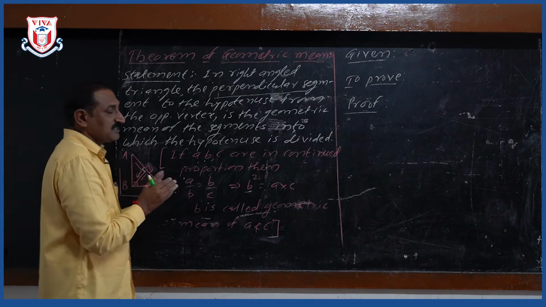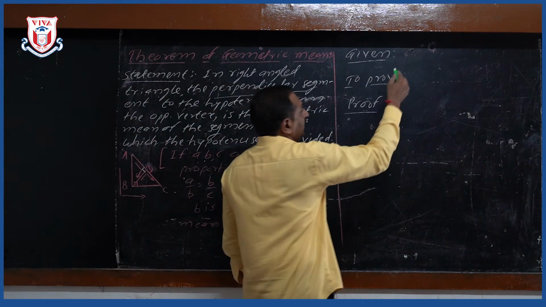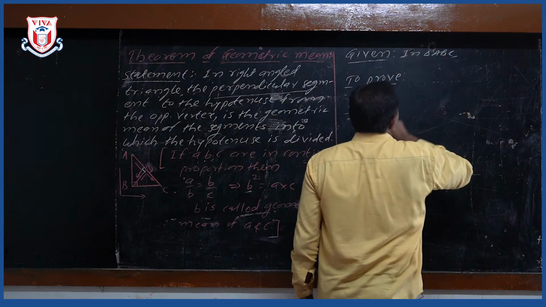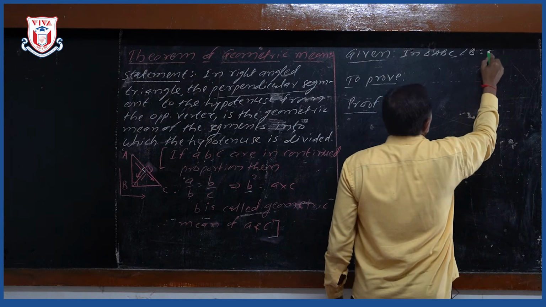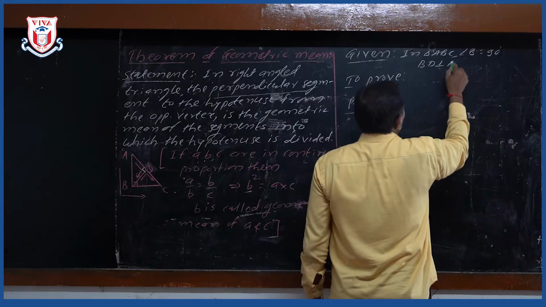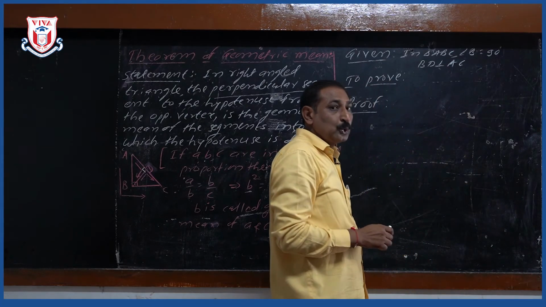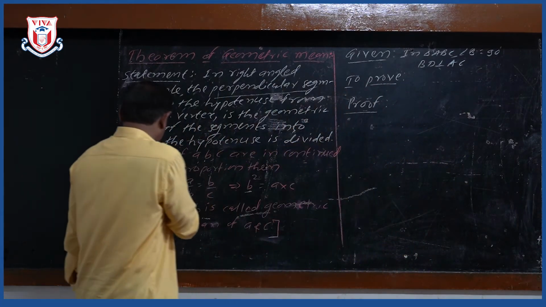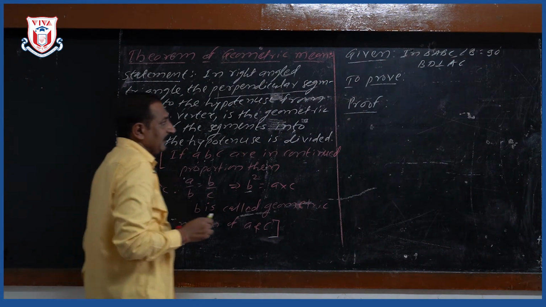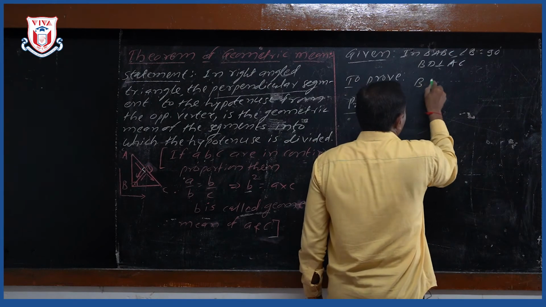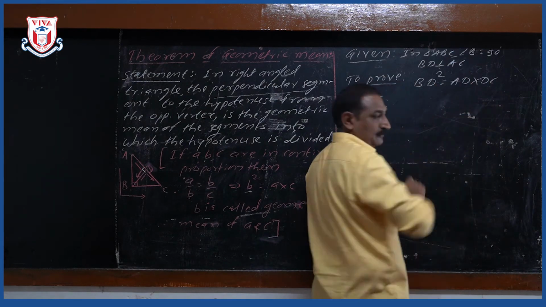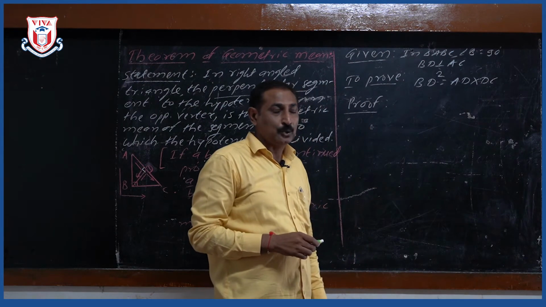Now from the given statement I write the given: in triangle ABC, angle B is 90 degrees, and BD is perpendicular to AC. To prove: BD is the geometric mean of AD and DC. Hence BD square is equal to AD into DC.